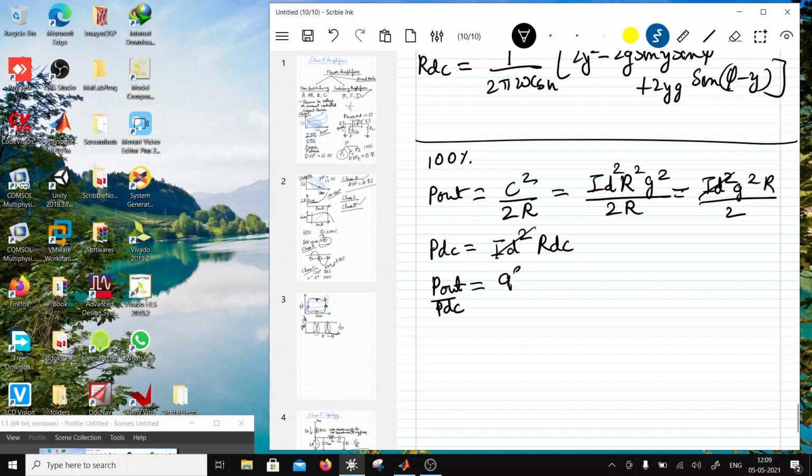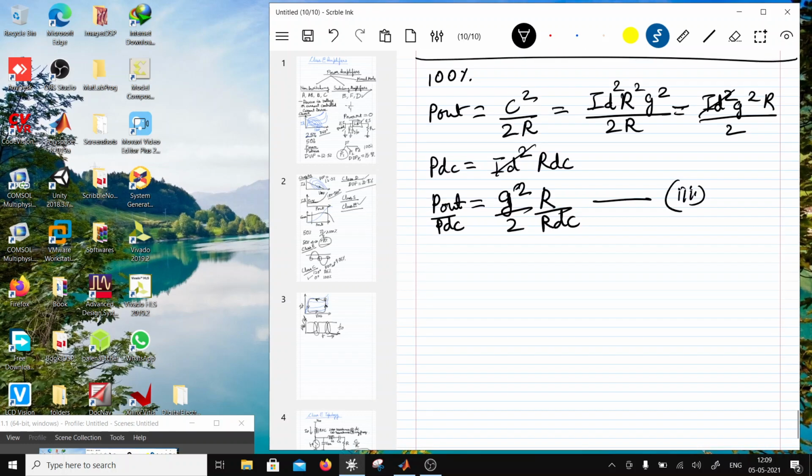Then we have G square by 2 R by RDC. So this is going to be another equation which is important to me. Let's put this as 3. This is the criteria of 100% efficiency.